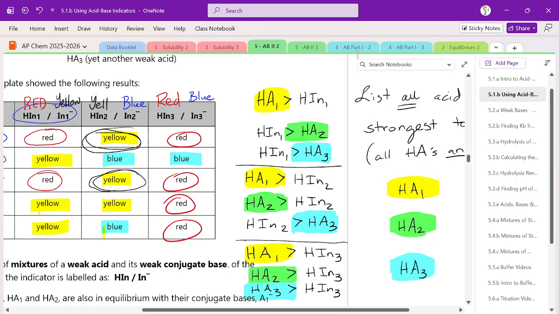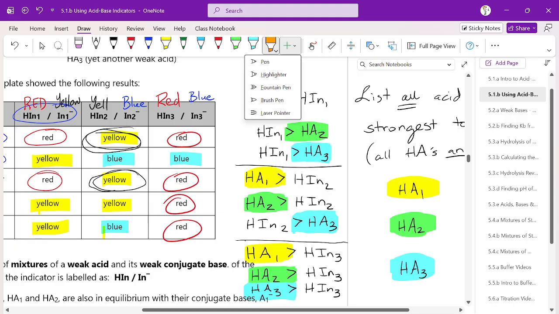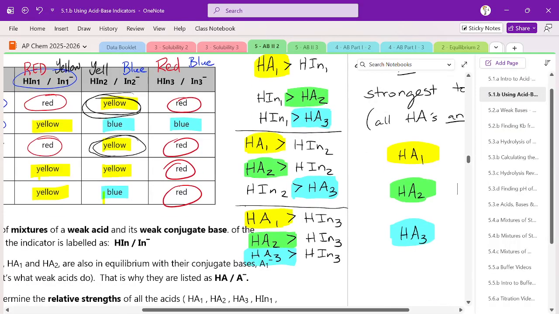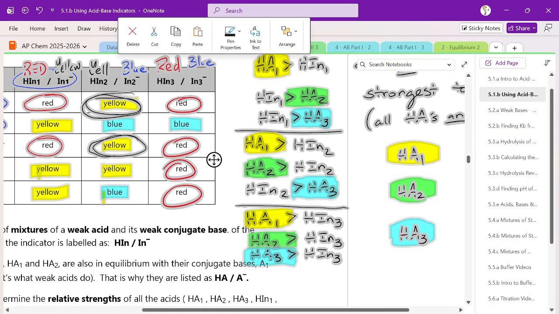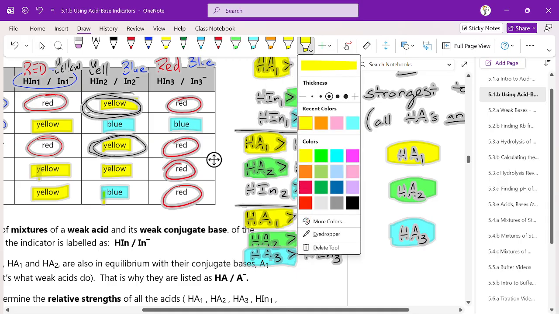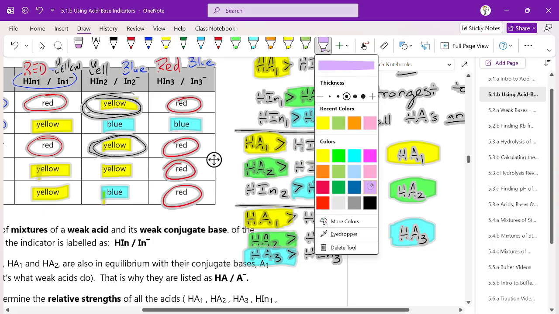And what other color do we want? Dark blue. Sure. Ooh, dark blue, it colors really dark. So let's see what we got here. Ooh, limey green, light green. There we go. Let's try that one. And purple. Purple. Okay.